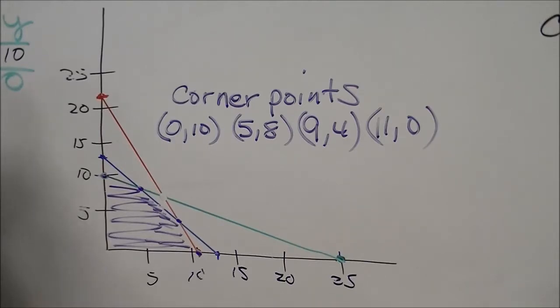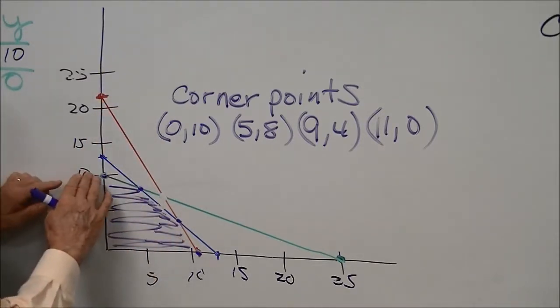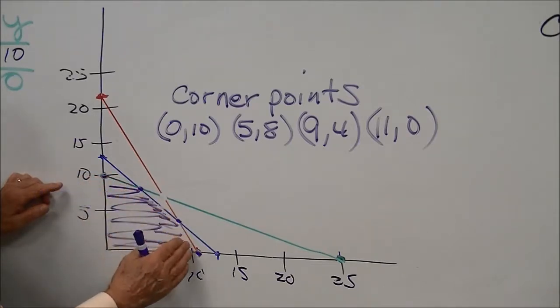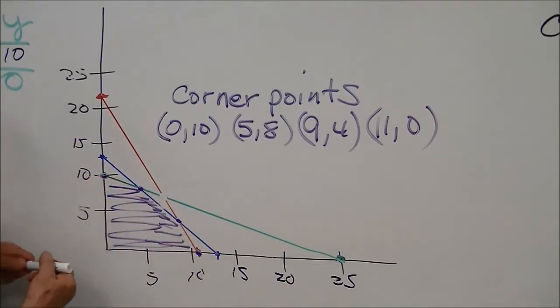But if you've done your graph carefully, and these are on the actual grid lines, so you could pick them up. So going from this point down are corner points, and keep in mind we also have this as a corner point, 0, 0 over here.